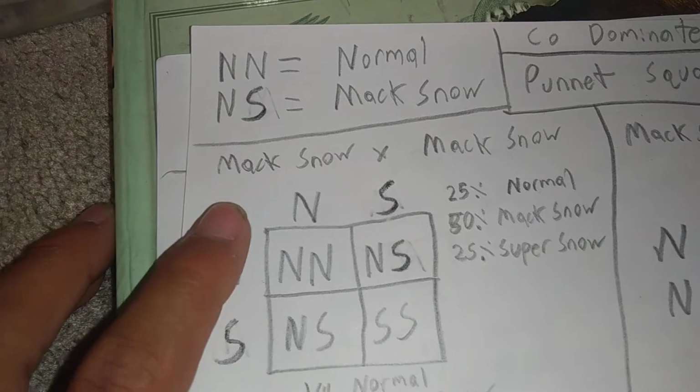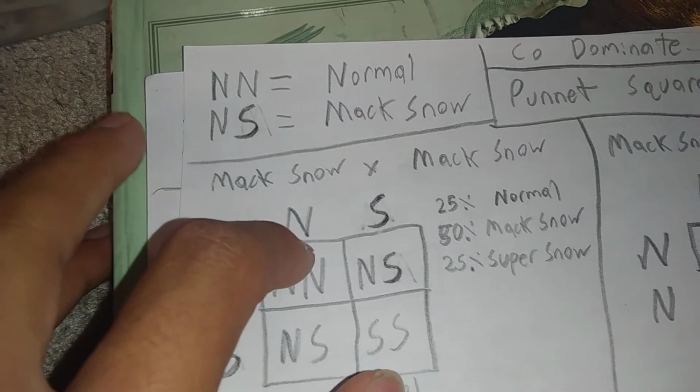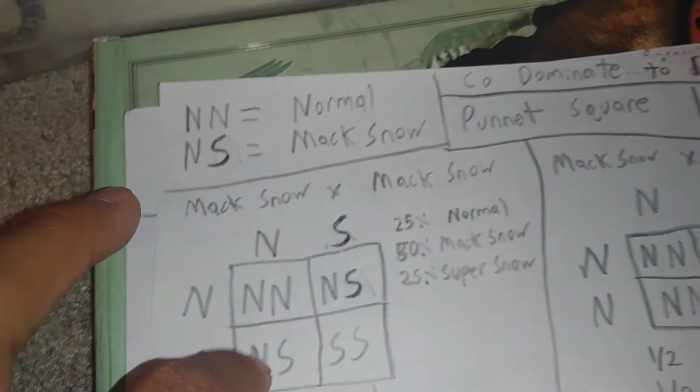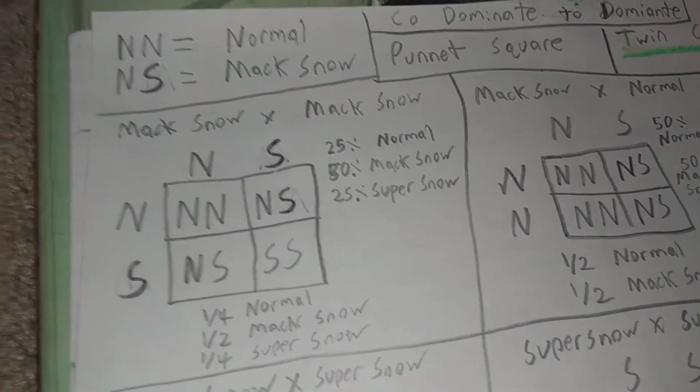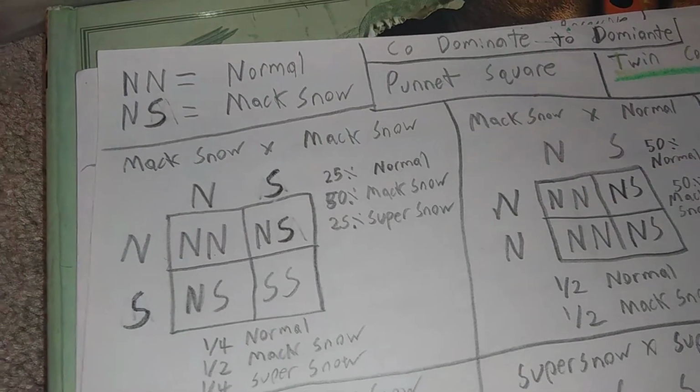If you cross a Mack Snow to a Mack Snow, you're going to have a 25% chance of a normal, a 50% chance of a Mack Snow, and a 25% chance of a Super Snow. Now, what is a Super Snow? A Super Snow is basically a white leopard gecko that has a lot more spots on it.